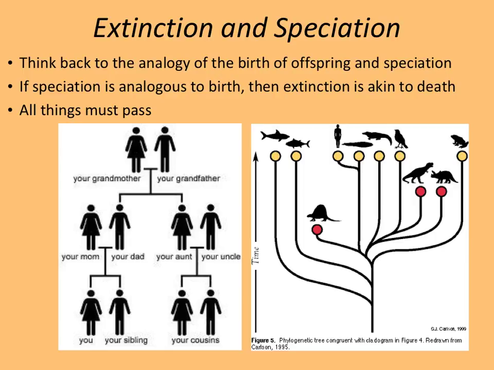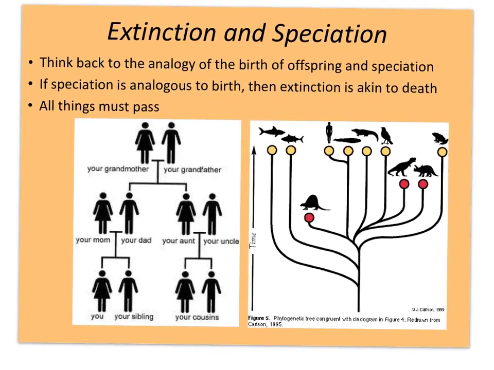Now, in addition to the origination and evolution of new taxa, groups of organisms, speciation is kind of like sexual reproduction and descendants, where you're all descended from great-grandparents, grandparents, parents, right?